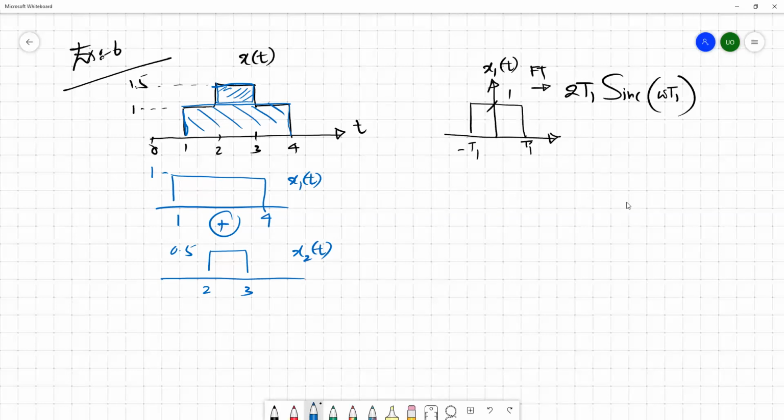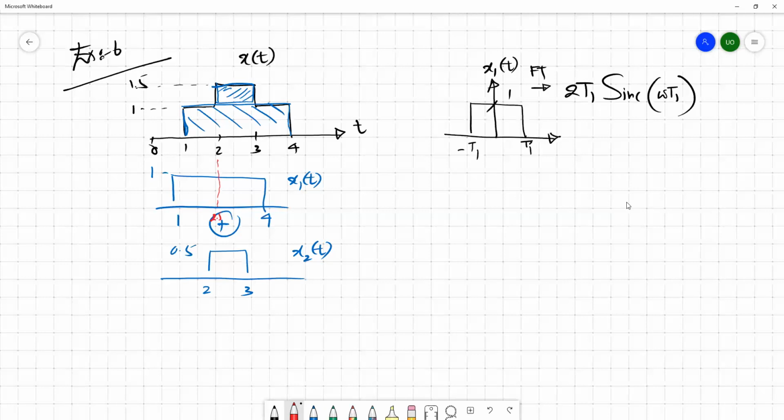By looking at x1(t), we can simply say that the center is somewhere here, at 2.5.